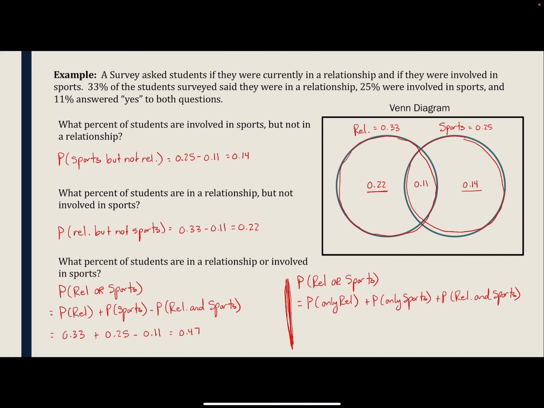Notice I'm adding the intersection, because I took it out of the only relationship and only sports, so now I'm not adding it at all. So I got 0.22 plus 0.14 plus 0.11, and we get the same answer, 0.47. I highly suggest you choose one of these ways and stick to it for all of the problems. The formula is kind of the easier way to go, but it's really up to you.